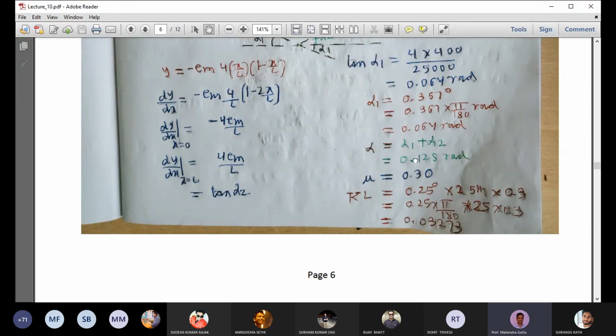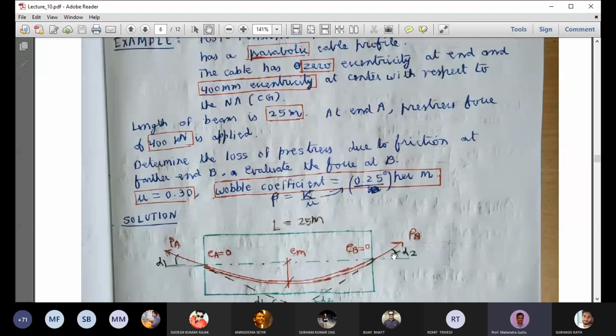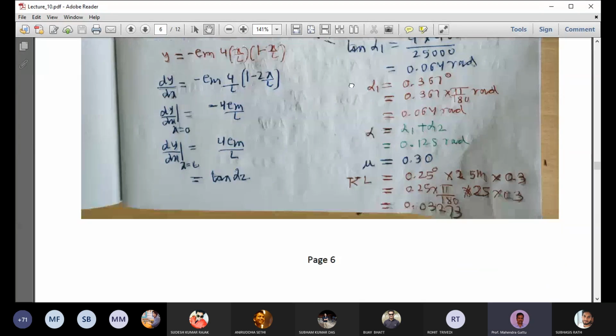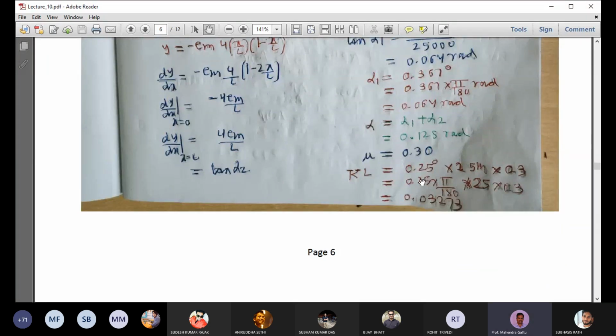Just to make it clear, we have been given the beta value, and K bar will be mu times this value per meter. So again, mu into 0.25 into 25 meters, and that value we had to convert into radian. So that is what we have done here: mu into 0.25 into 25 meters, and then we converted into radian by multiplying with pi by 180.